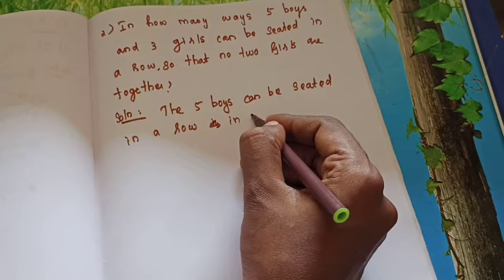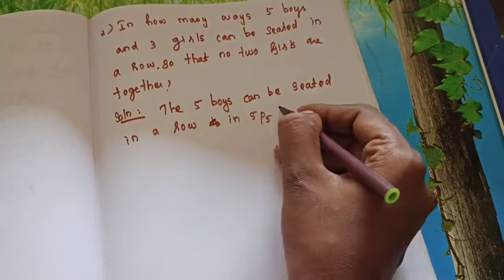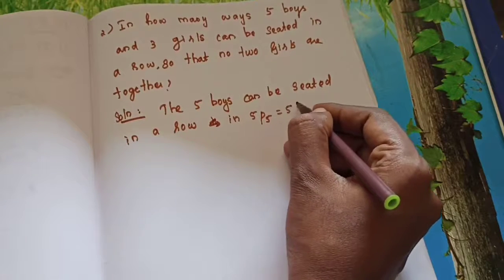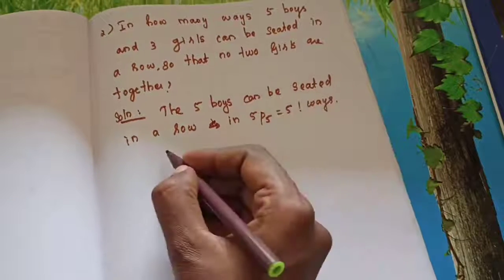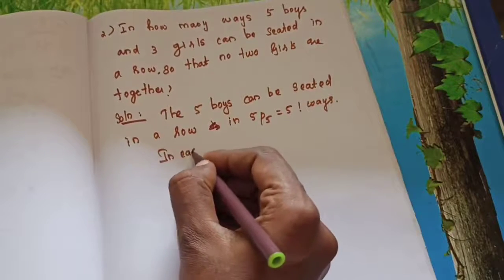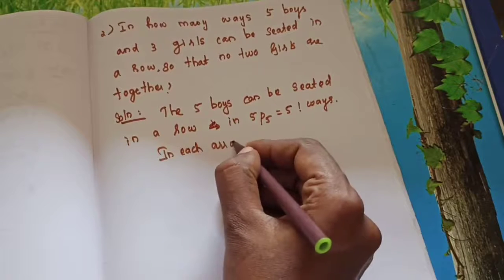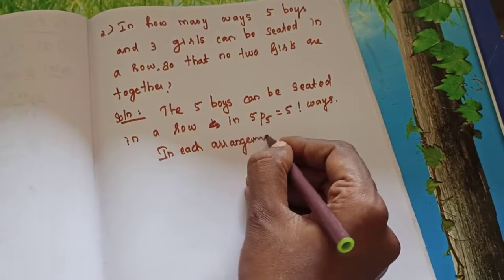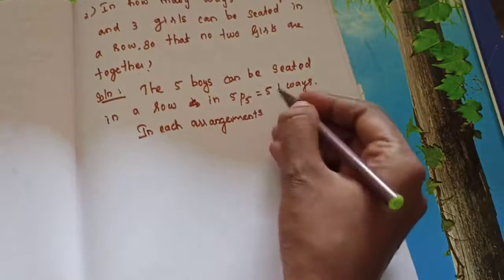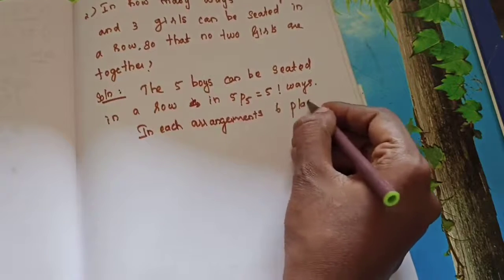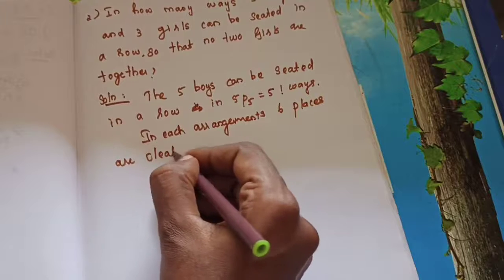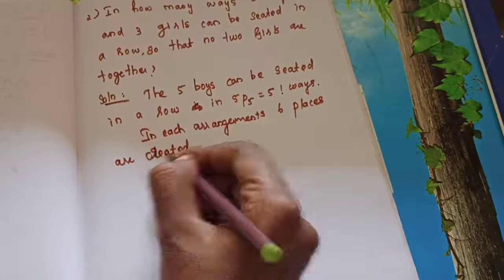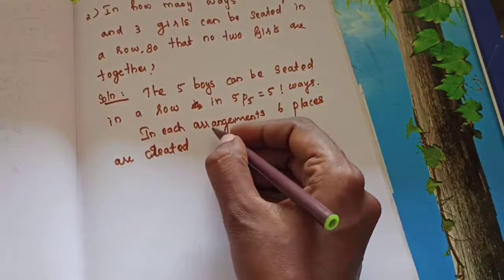You know nPr, is it right? 5P5 means 5 factorial ways. So in each arrangement, six places are created. I will show.